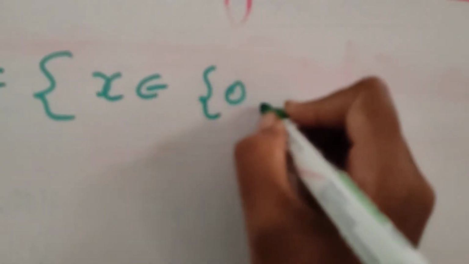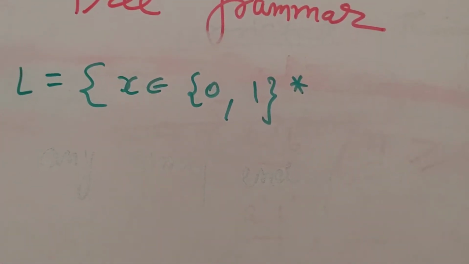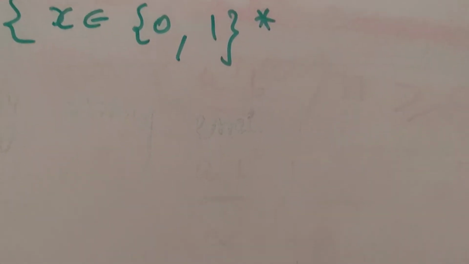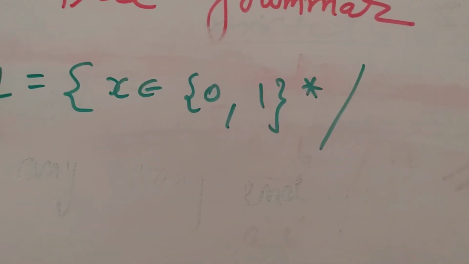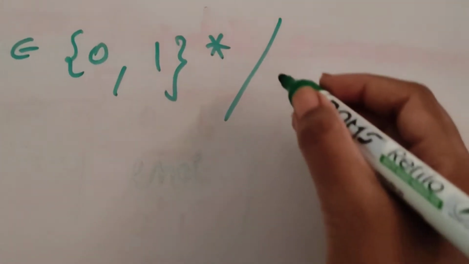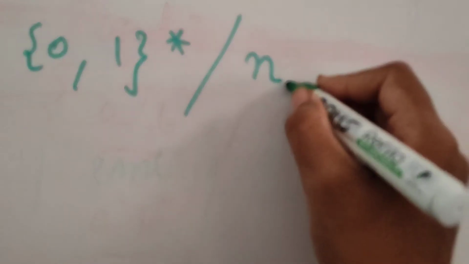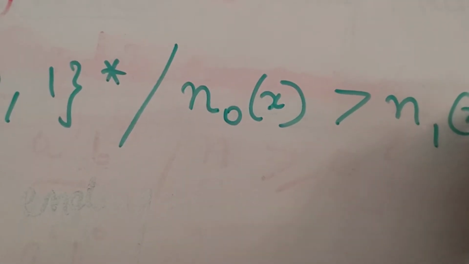Now the next example which is given to me is language L, where X belongs to (0 1) whole star, means my string is containing occurrence of 0 as well as 1, and here we'll have to take that number of 0s is greater than number of 1s.